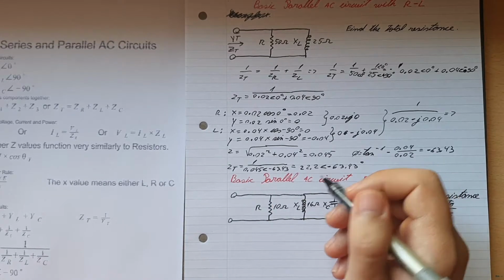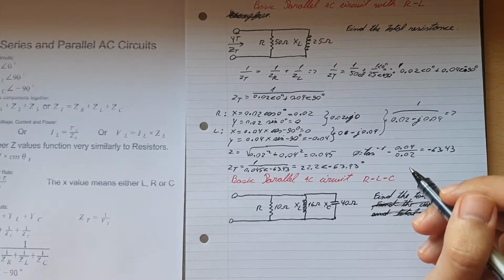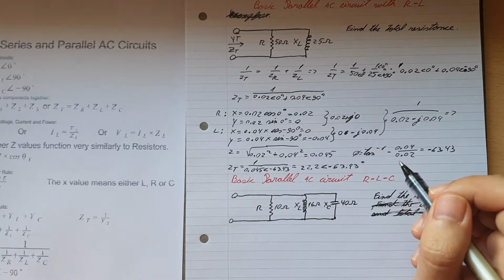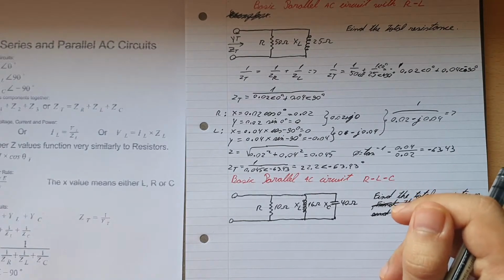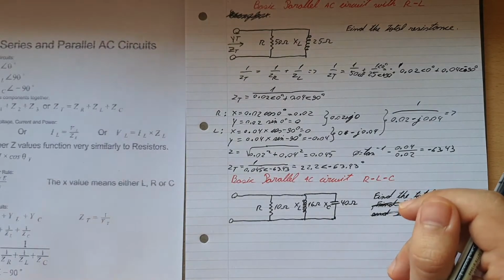And there you have it. That's how you calculate the total impedance in a parallel circuit. And you can already see it's a bit more complicated than the previous example in series circuits, where we simply added them together.